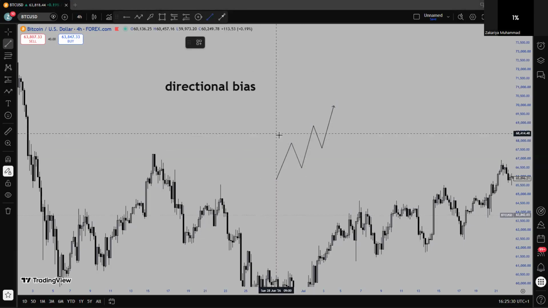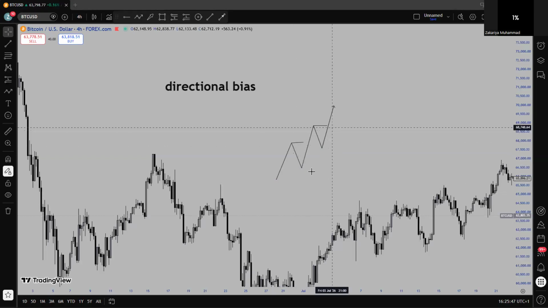If the market breaks one structure, that is not 100% confirmation that the market is bullish. The market can break structure to grab liquidity and continue selling down. But if you have two consecutive breaks of structure, you can be 100% sure that the market is currently bullish. That's how we determine a bullish market, by having two consecutive breaks of structure.